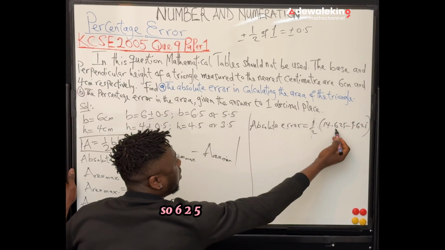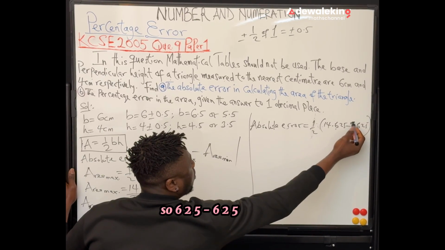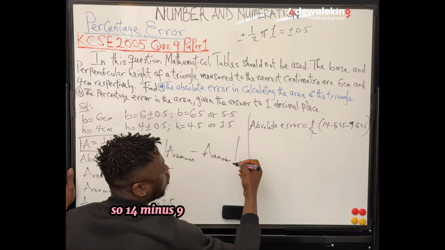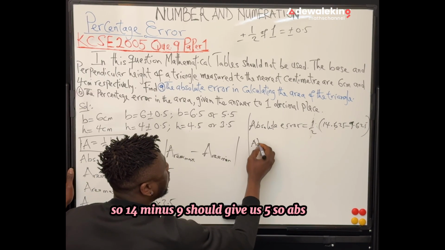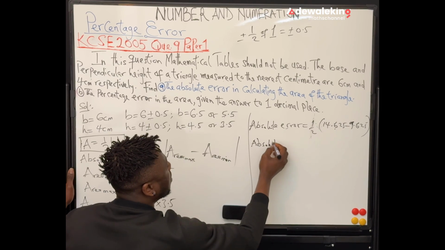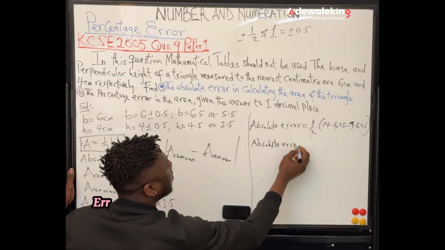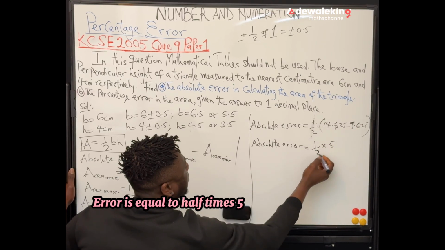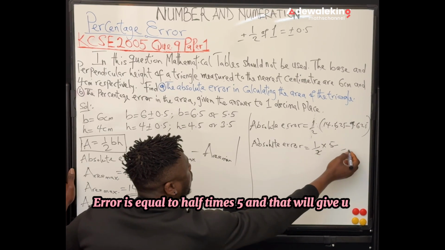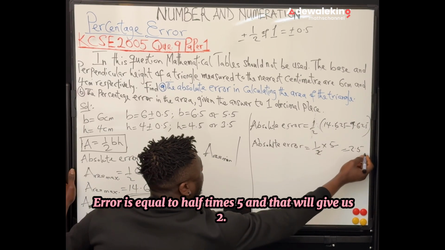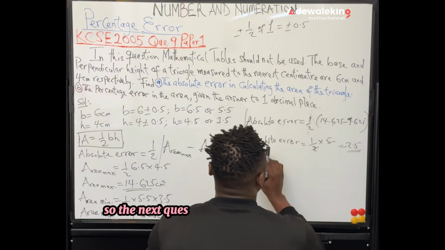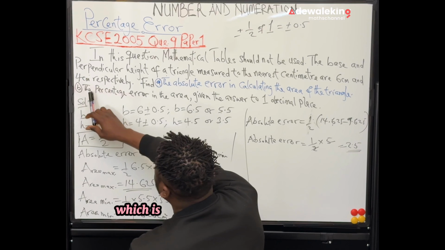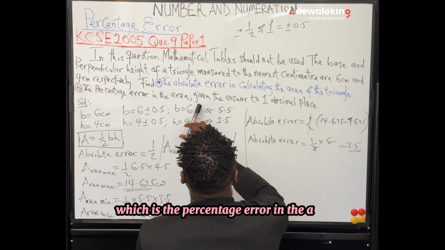So 625 minus 625 will be 0. So 14 minus 9 should give us 5. So the absolute error is equal to half times 5, and that will give us 2.5.